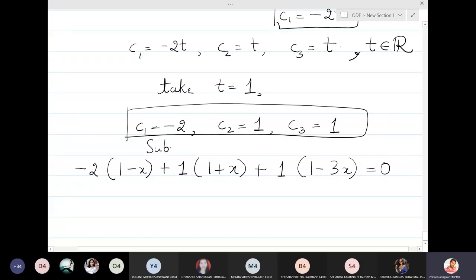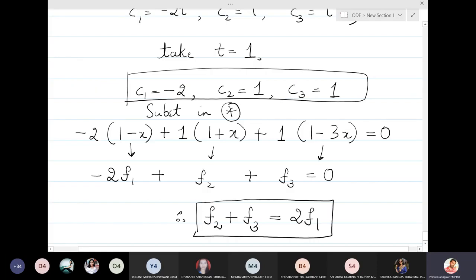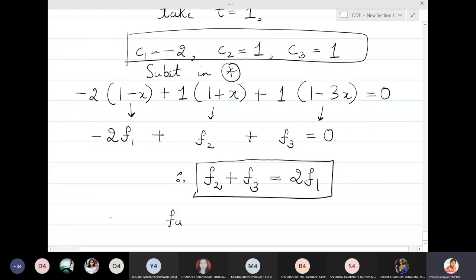Substitute in star. So I got minus 2 f1 plus f2 plus f3 is equal to 0, and therefore what is the functional relation between them? I'm getting f2 plus f3 is 2 times f1. So this is the functional relation.